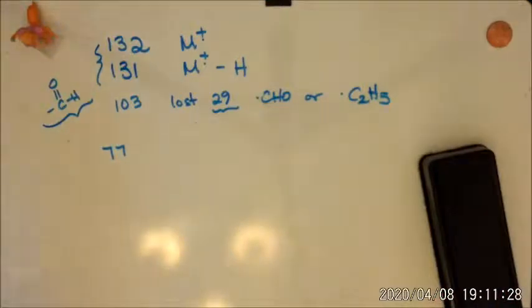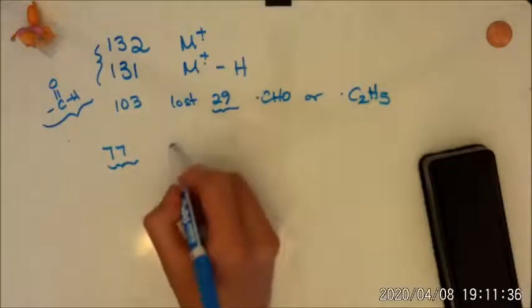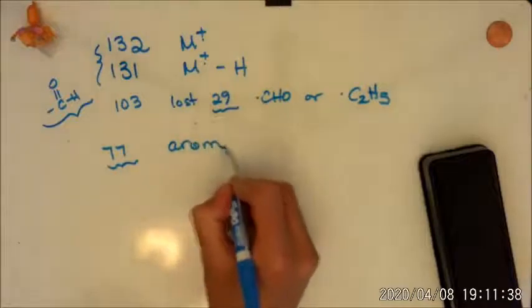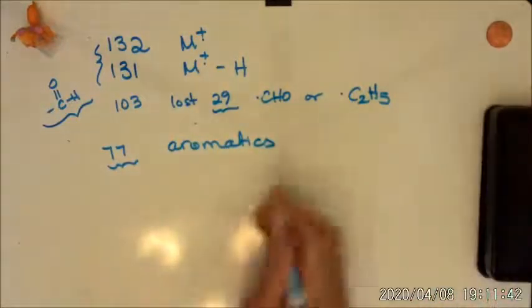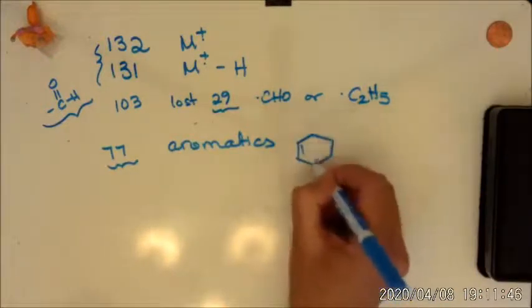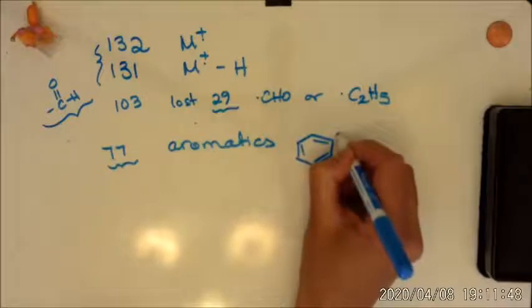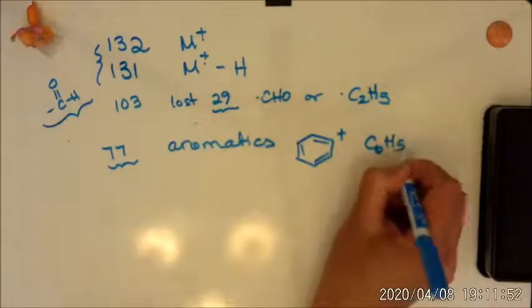So if we take a look at 132 minus 77, but I'm not going to spend too much on that, because what do we know about 77? We were looking at aromatics. And what we know is that this is typically C6H5.